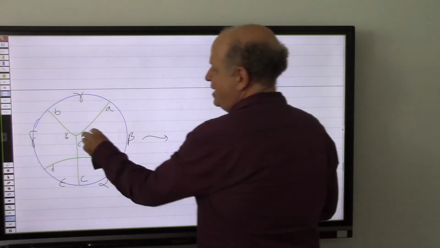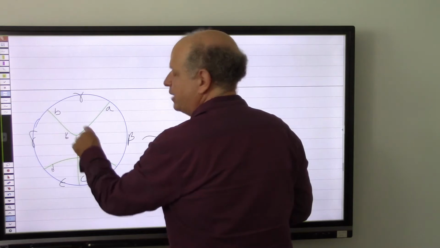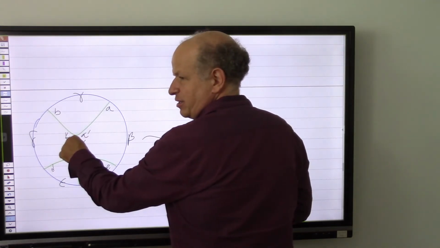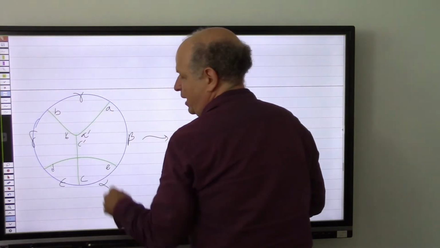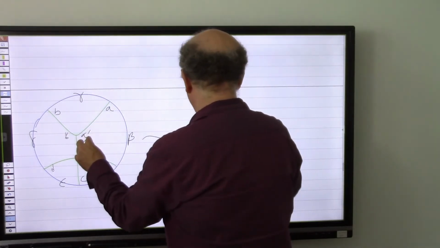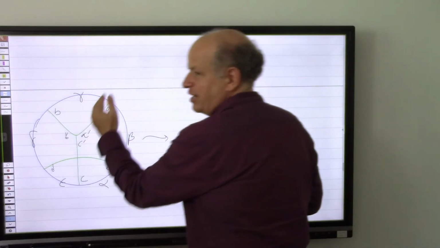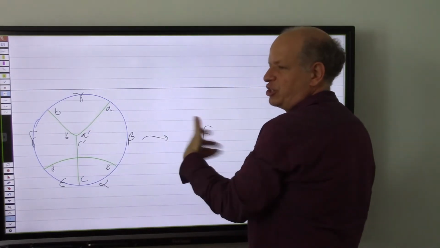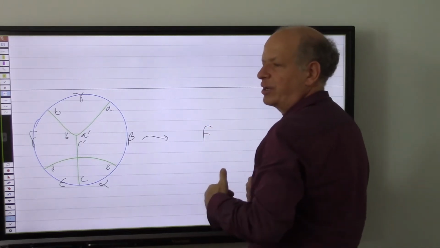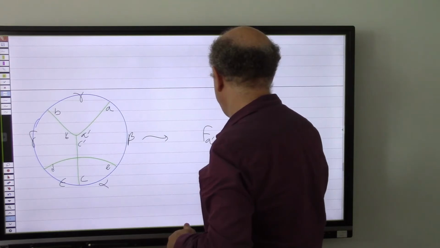So near every internal vertex there are 3 letters. In our case there is only one internal vertex, so I'll use this rule only once. So these 3 letters become F sub, the structure constants where everything is lowercase. So F sub A prime, B prime, C prime.